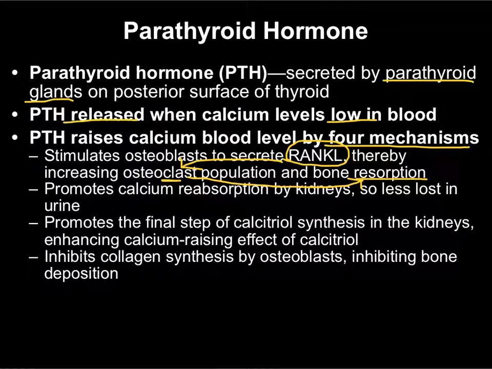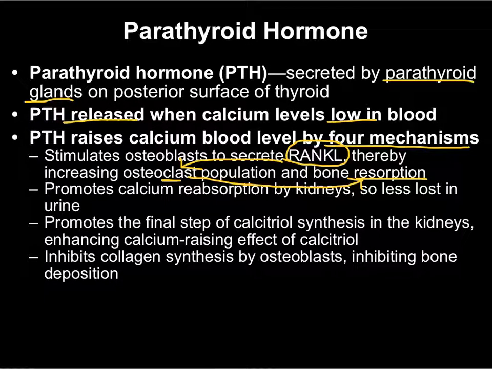And specifically, it's going to go into the blood. So, parathyroid hormone stimulates osteoblasts to secrete RANKL. RANKL causes you to make more osteoclasts. More osteoclasts mean that you dissolve more bone and release more calcium into the blood. That's number 1.